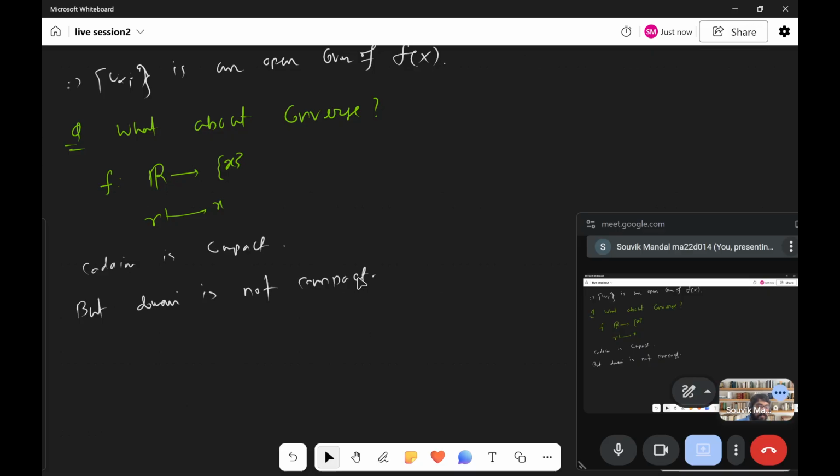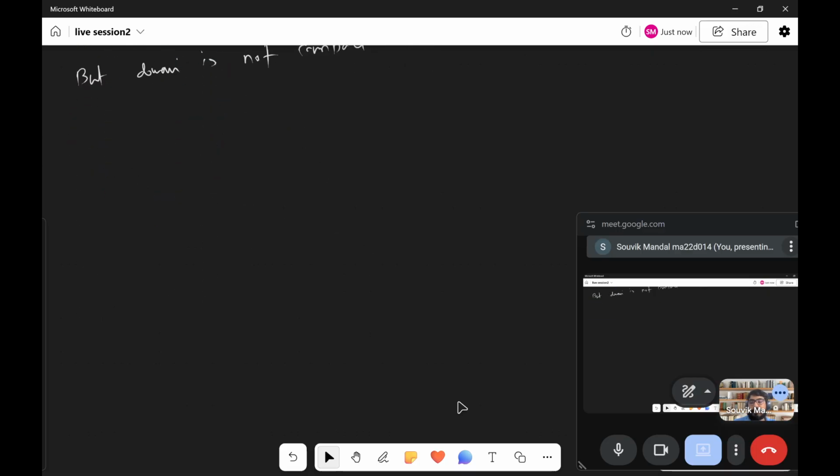So this is the argument. Codomain is compact but domain is not compact. So this is one of the possible examples. Okay, I hope this is clear.